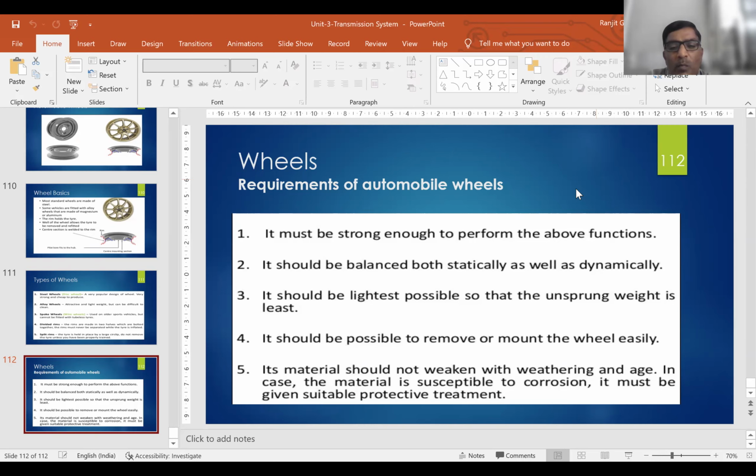This is the drop arm. Why is it called a drop arm? Whatever action is given in the driver's cabin is passed to the steering linkages via this drop arm.